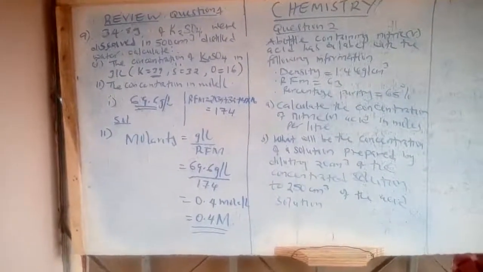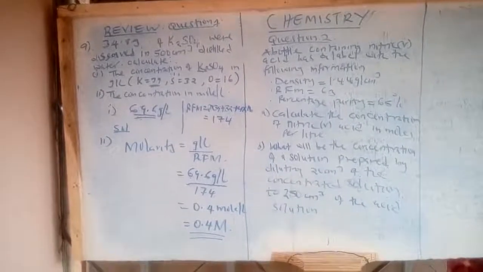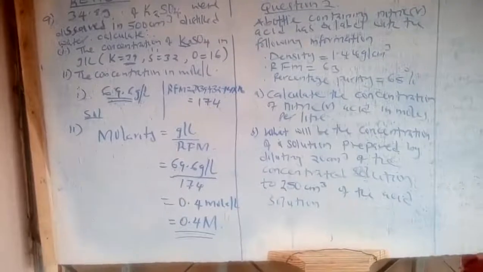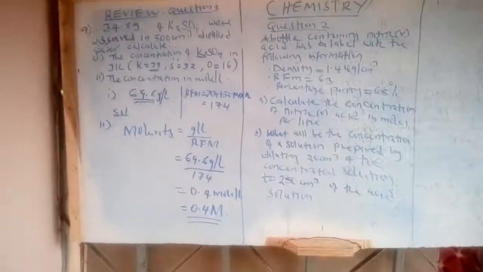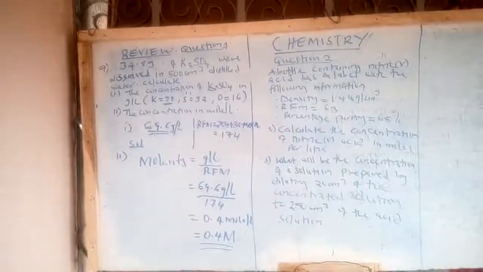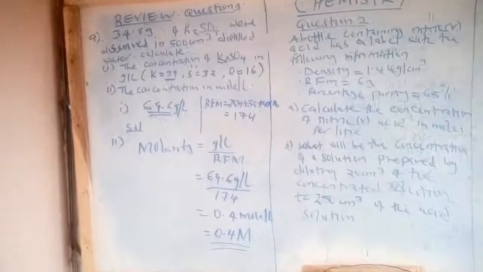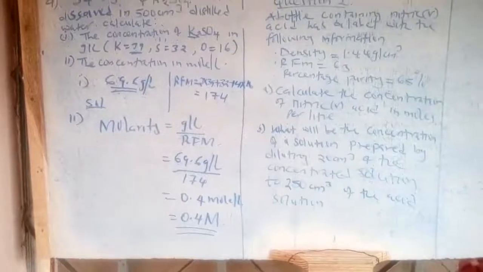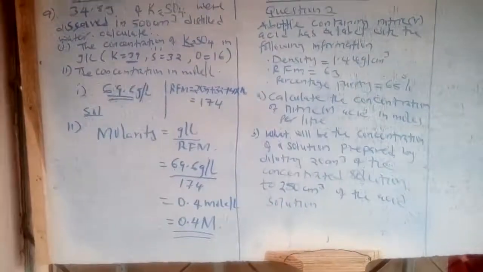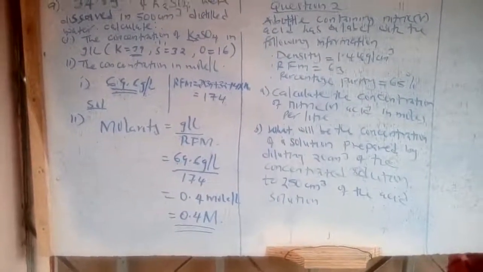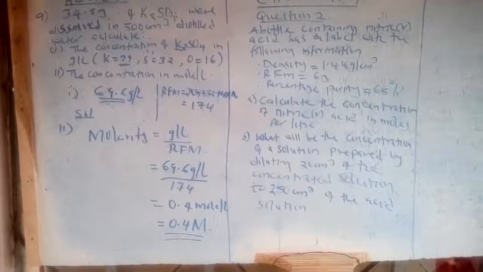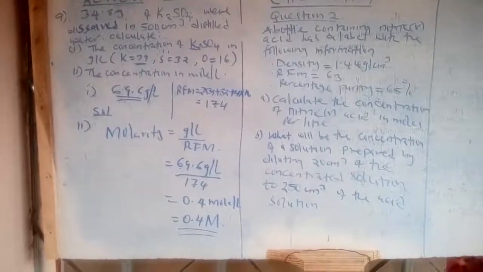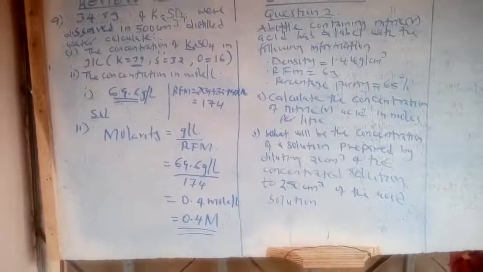Then I erased so that I could have space for the calculation of the second part of the question, Roman 2. As far as Roman 2 is concerned, there is a formula I've introduced to you: molarity is equal to the concentration of the solution, that is the concentration of potassium sulfate in grams per liter, divided by the RFM.